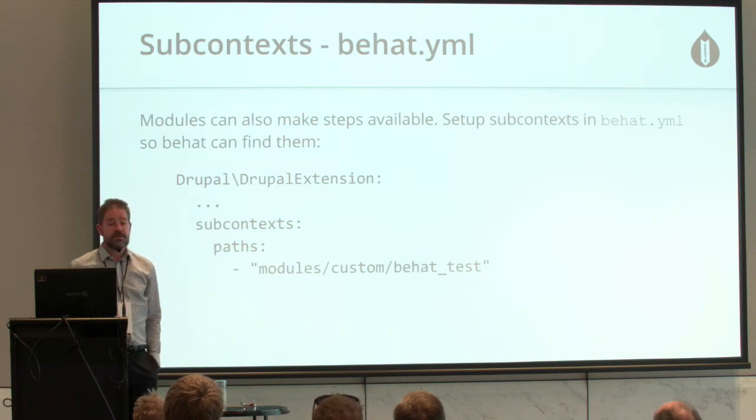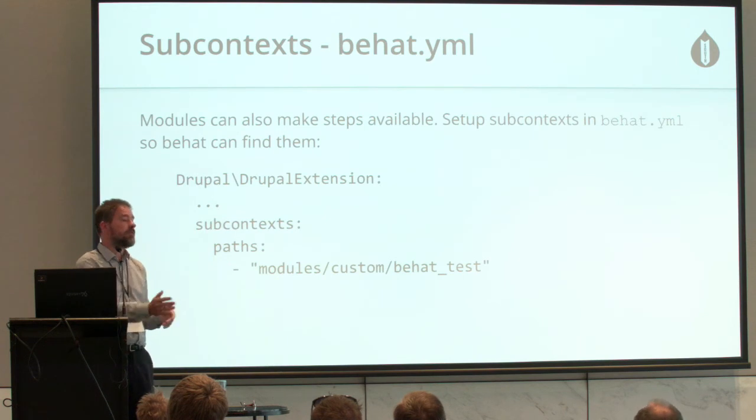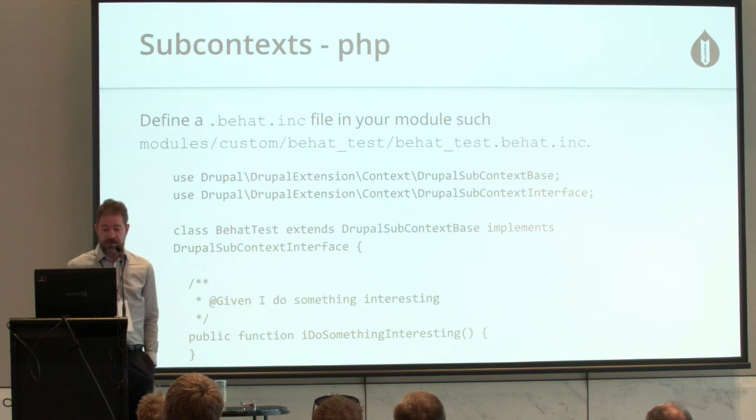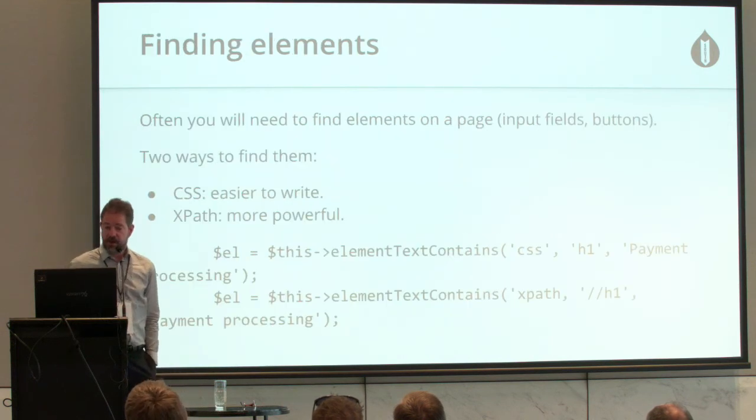You can even have subcontexts, that's quite useful, so people can write modules and put some Behat specific steps in there, so they can be made available as well. So if you have a big company which does a lot of custom module coding, why not provide some Behat custom steps in there for everybody to use? And this is how to do that, so look at that later.